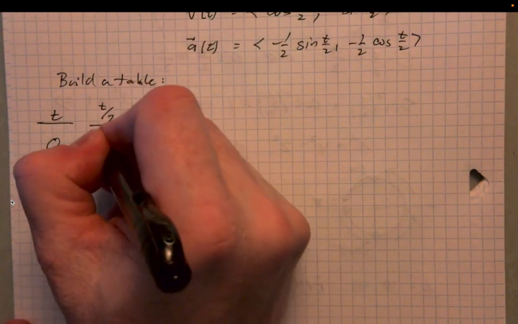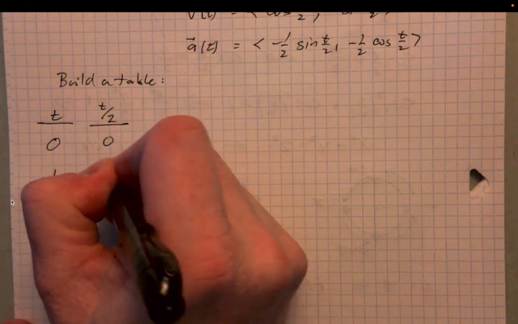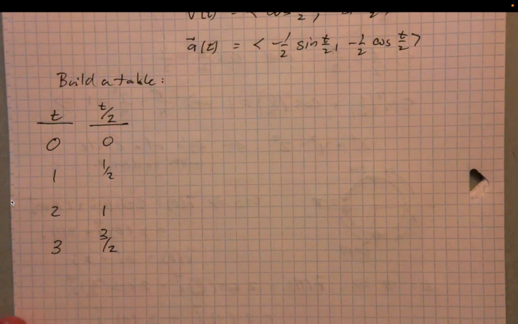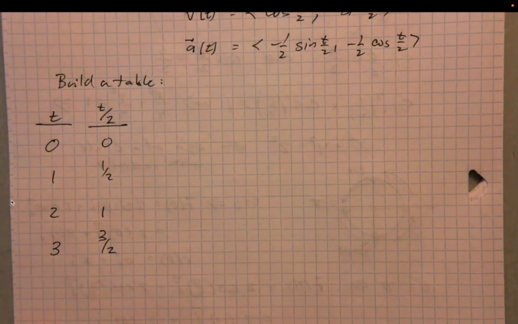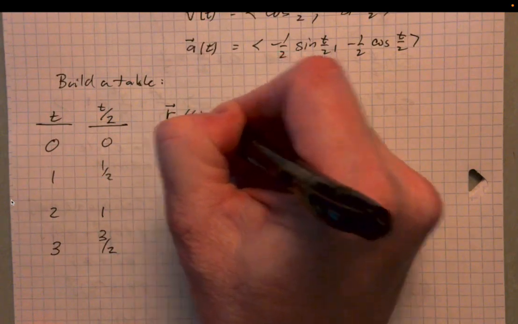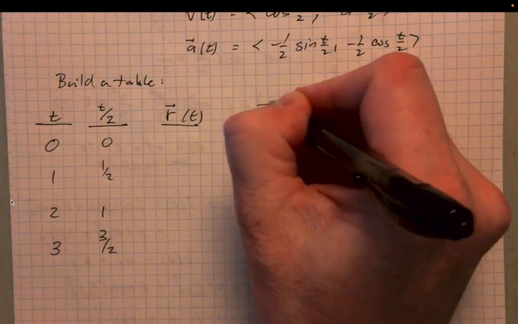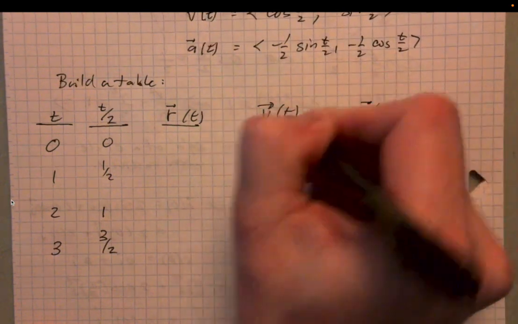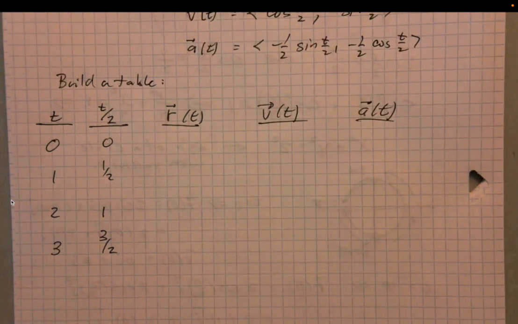Okay, so this would be 0 again, this will be 1/2, this will be 1, this will be 3/2. Okay, so plugging in these kind of uniform t's and dividing everything by 2. Okay, and then we're going to evaluate r of t, v of t, and a of t at each of these.